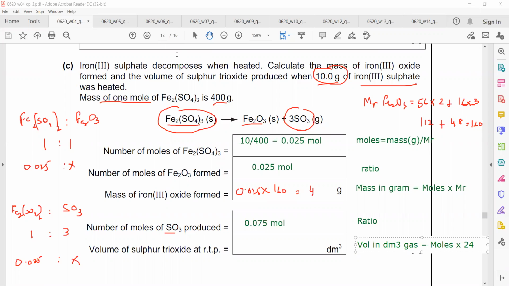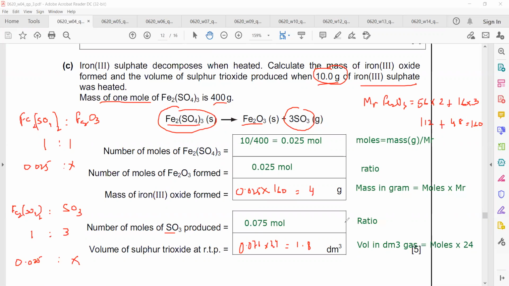So 0.075 multiplied by 24. What's the final answer? So 1.8 decimeter cube.